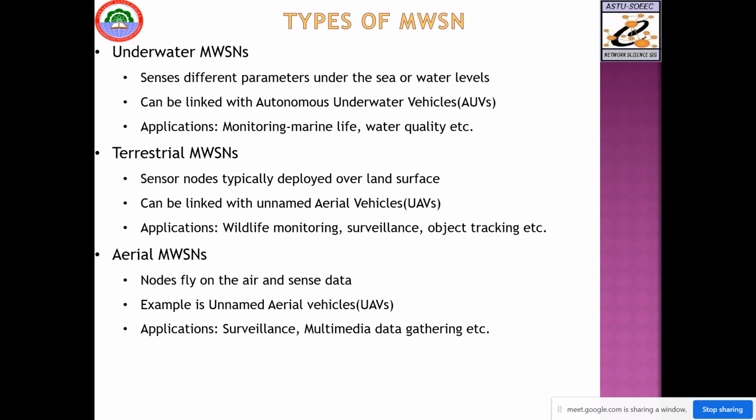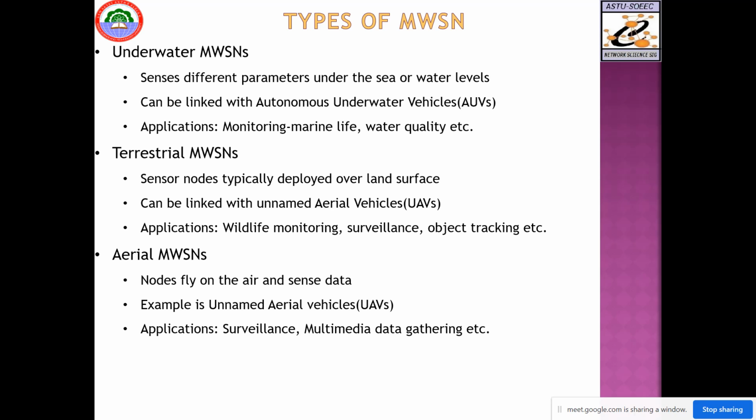It is also possible to have one more application called surveillance, which can be monitoring based on where we deployed that particular sensor node. So we need to monitor the surrounding places for changes occurring in that particular area.